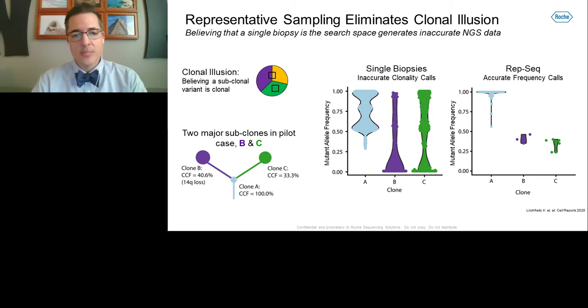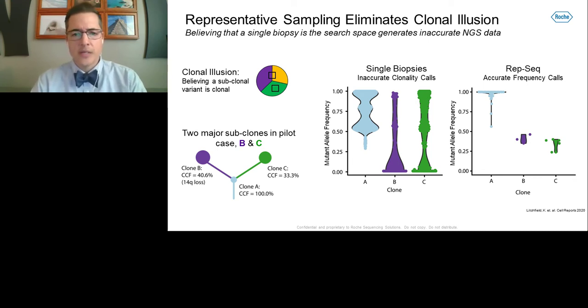When you take a single sample, for instance, either the box that is across the purple and the gold slices of the pie, or the single box that's found within the green slice of pie, both of those samples are biased because they can't see the other parts of the pie. This is what is described as clonal illusion. Now, if you were to homogenize that, you would clearly see that when you end up sampling from that, you have about a third purple, a third gold, and a third green.